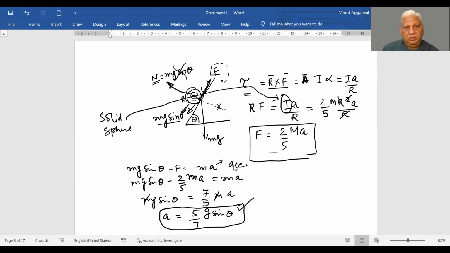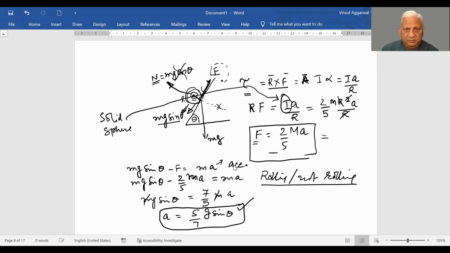Now, how can we say that this will be rolling or not rolling? All right. What we know is that this was the friction. We calculated like this.